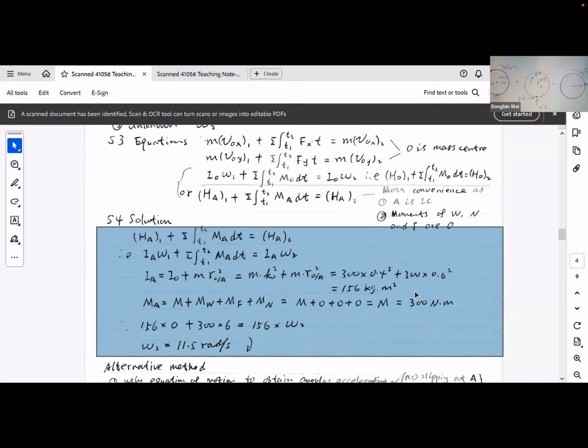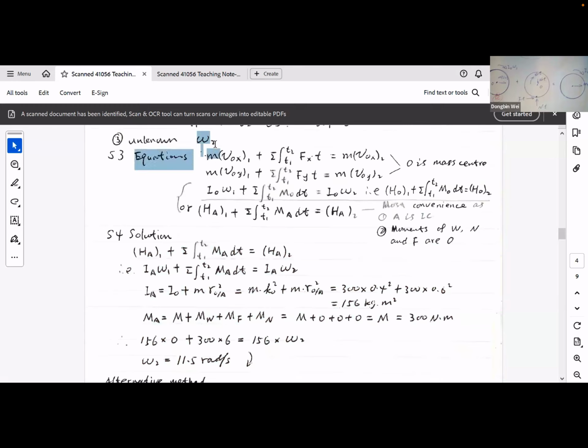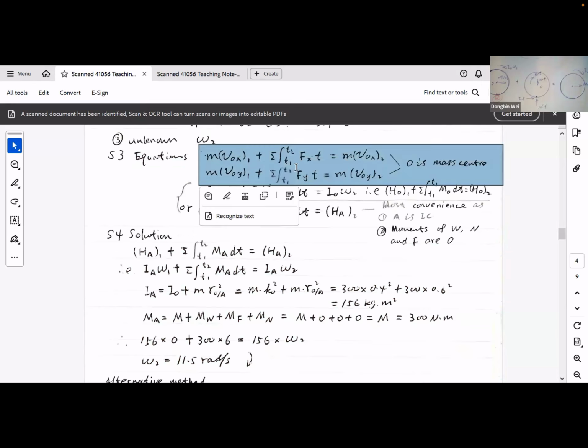In this problem, because we only need to solve omega 2, actually the first two equations, based on the principle of linear impulse and momentum, are not useful for us.